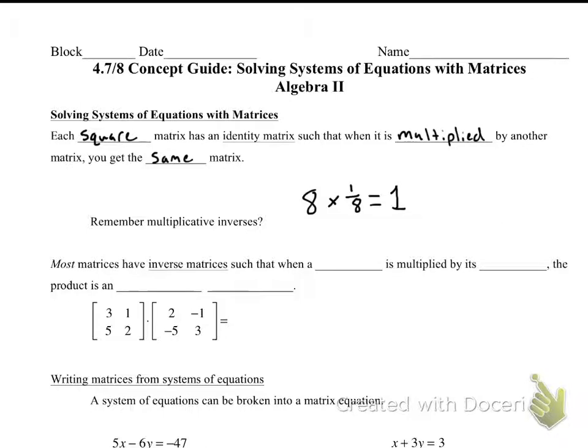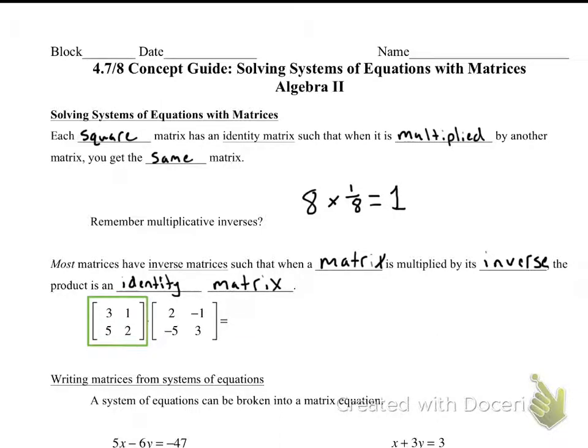Well, multiplying by an inverse is basically the same thing. Most matrices have inverse matrices such that when a matrix is multiplied by its inverse, the product is an identity matrix. We've talked about that a little bit, but the identity matrix is when you get 1, 0, 0, 1. You get that diagonal 1 going across.